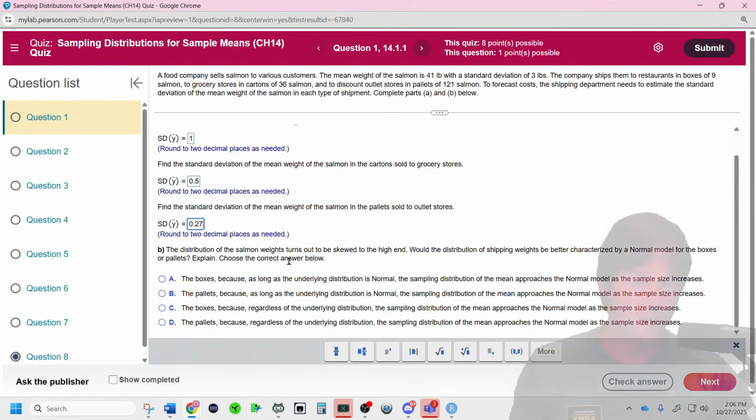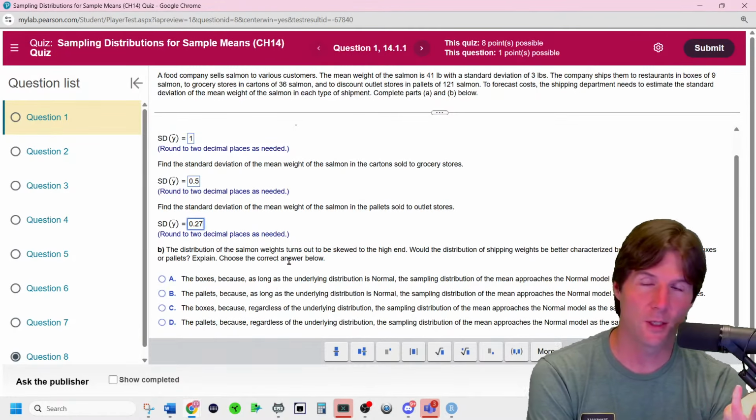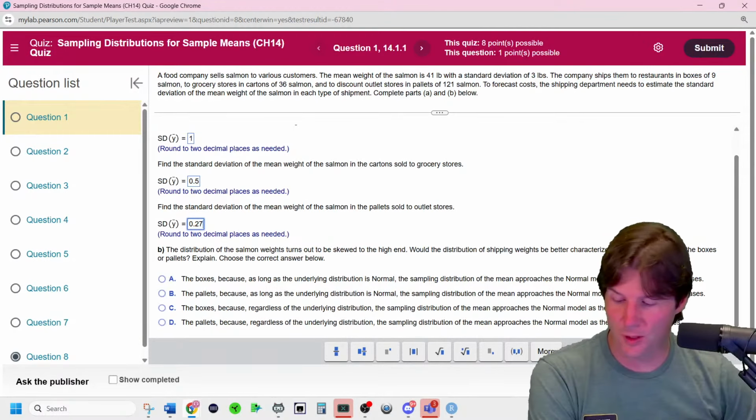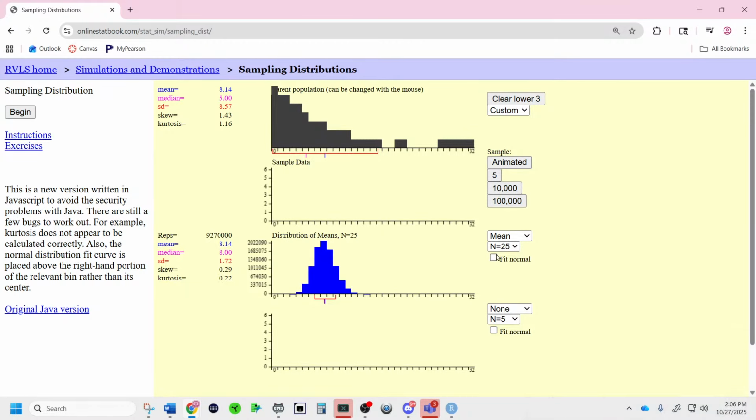So then, which of these would be the most likely to be normal? Well, we talked about the large enough n condition. As n gets larger, the distribution of the mean becomes more normal. We have this applet to show you that if you're only dealing with a sample size of 2, you don't meet the large enough n condition. This is because we're taking samples of 2 and finding the mean of that sample, and repeatedly doing this.